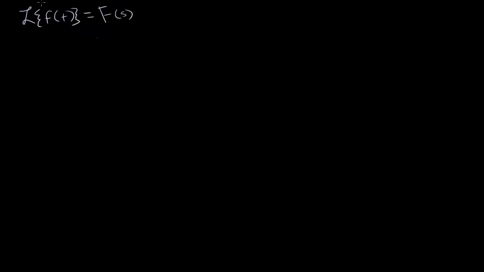Given that, in the last video, I showed you that if we deal with the unit step function that becomes 1 at some value c, times some shifted function f of t minus c, the Laplace transform is just equal to e to the minus cs times the Laplace transform of just this function right there. So times F of s.